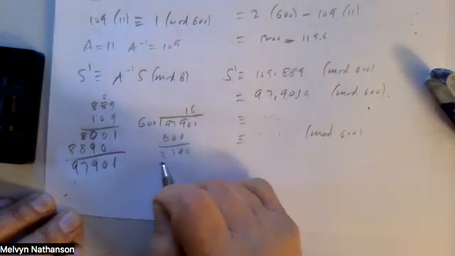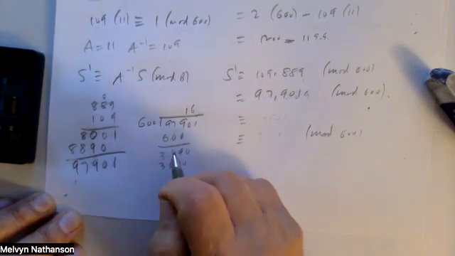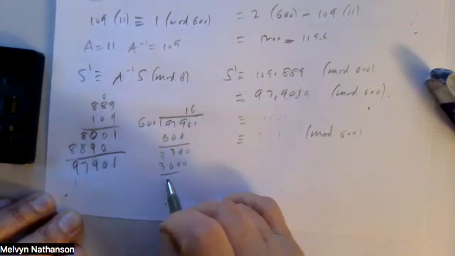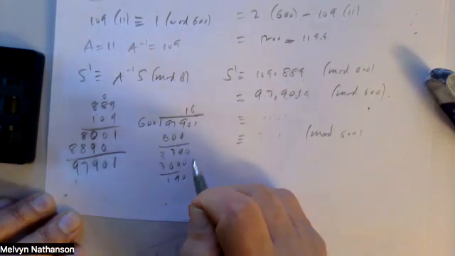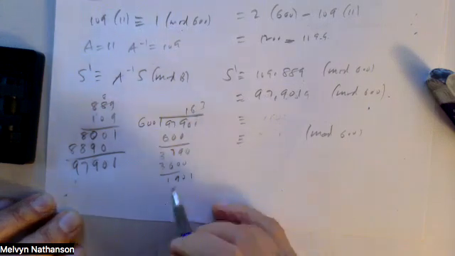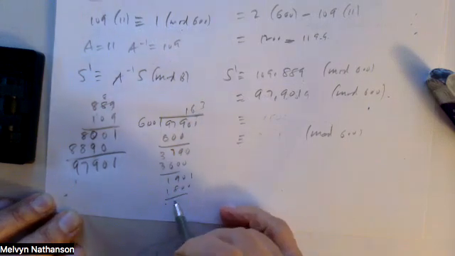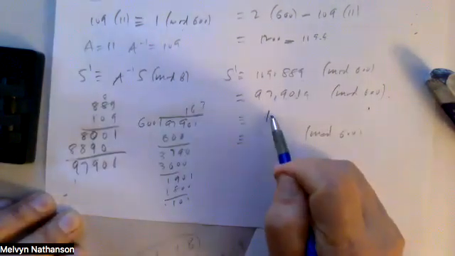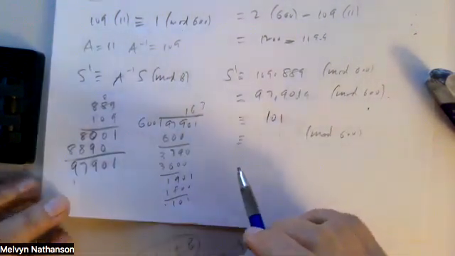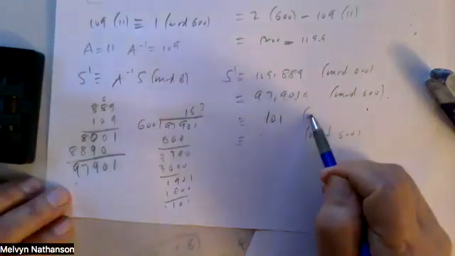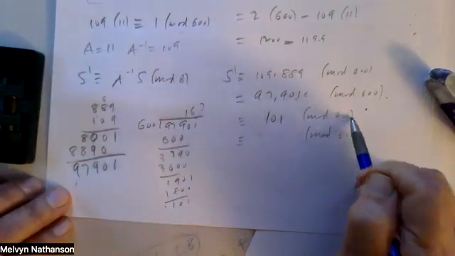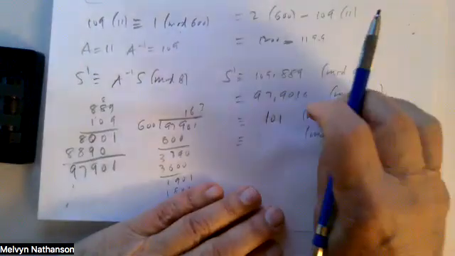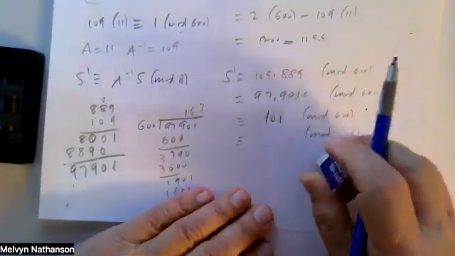This goes 6. 600. So this is 190. Bring down the 1. This goes 3. 1800. This is 101. Congruent to 101, not 600. And again, that cannot possibly be correct.